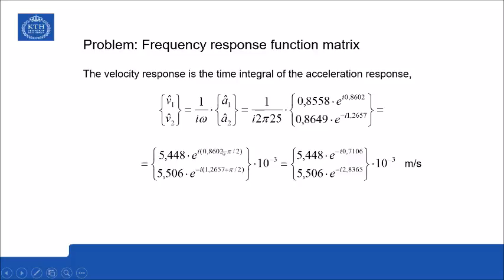So hence the minus pi over 2 in the exponential here. So this is the result, the velocity response in point 1 and point 2, the magnitude and phase angle.